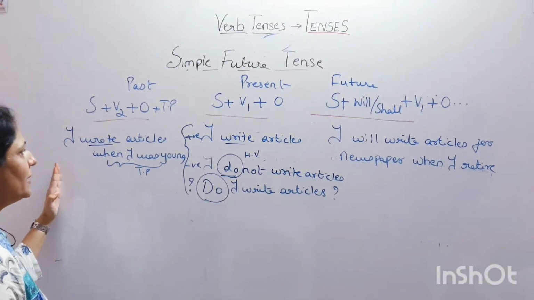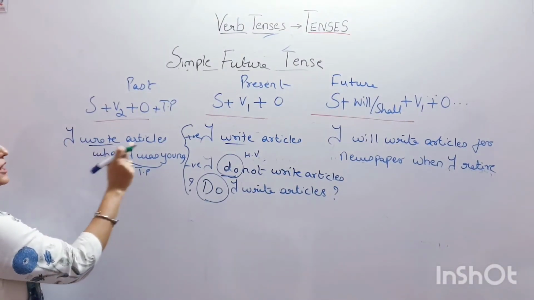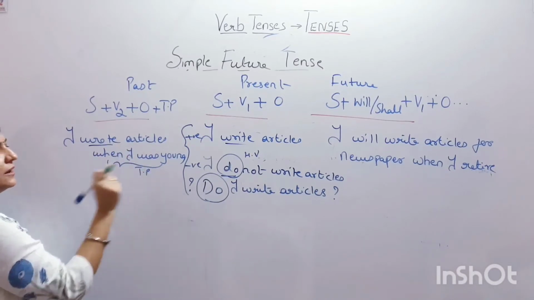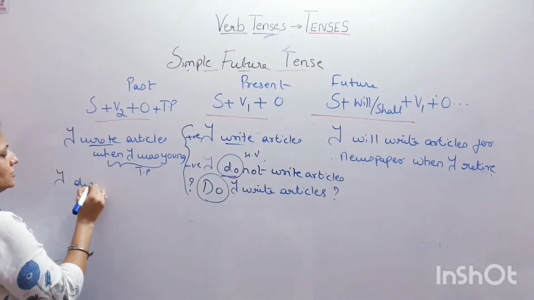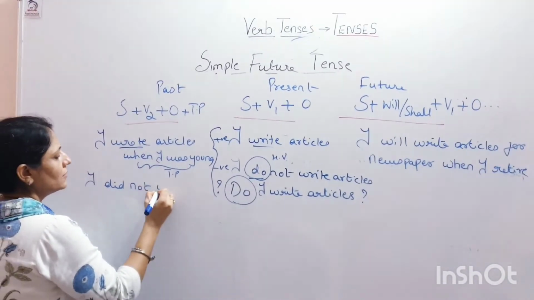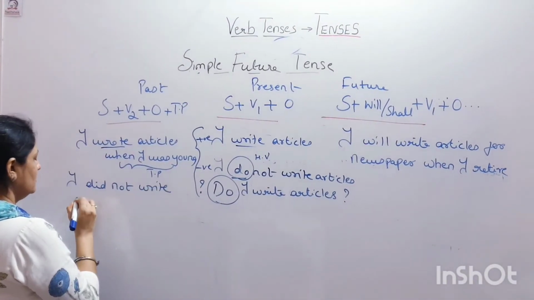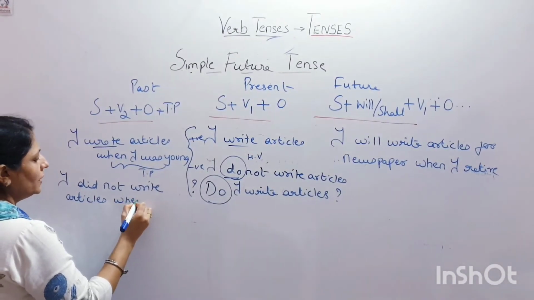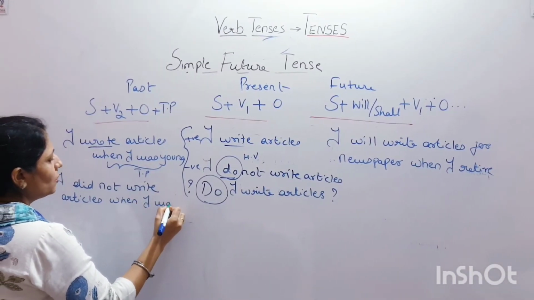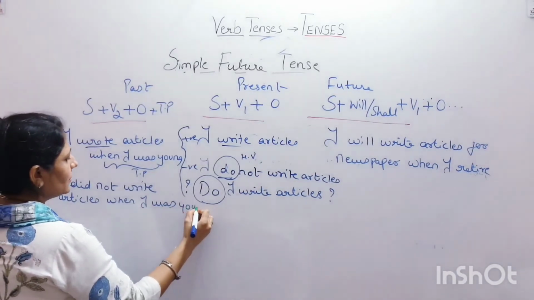Now coming to the past tense, I wrote articles when I was young. It can become I did not write articles when I was young.